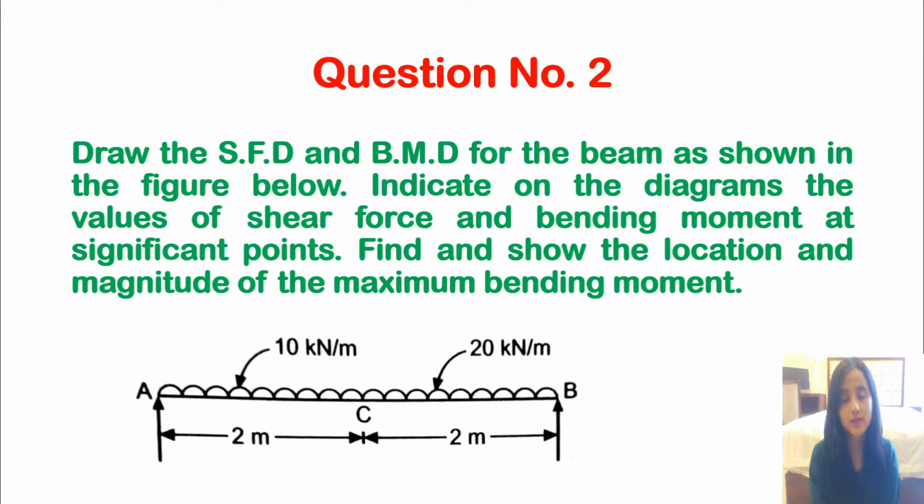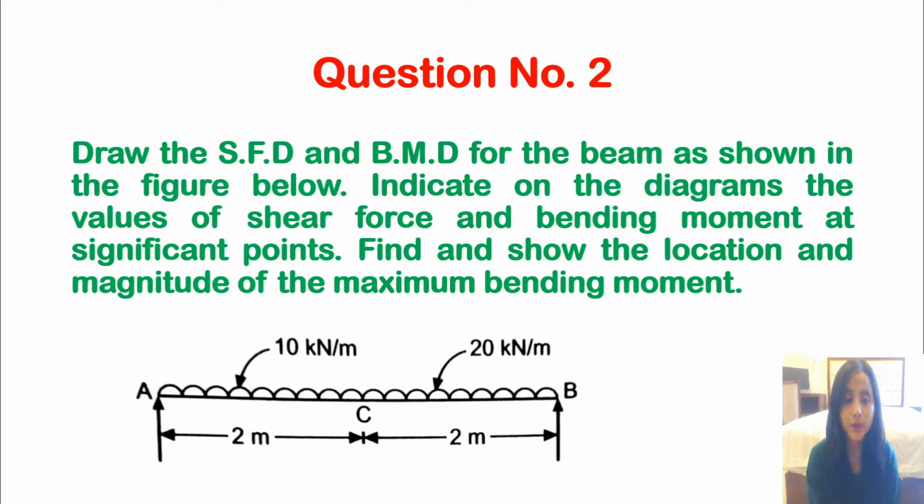So in this case, the diagram of the beam is given, and for this simply supported beam, we need to find the shear force and bending moment diagram, and then once we finish drawing them, for each value of shear force and bending moment, at each point we need to specify its values. Then after that, we need to find the location and magnitude of maximum bending moment.